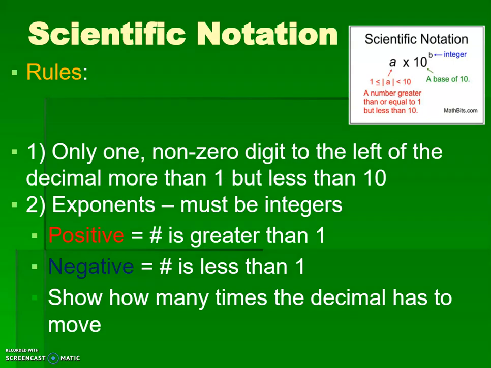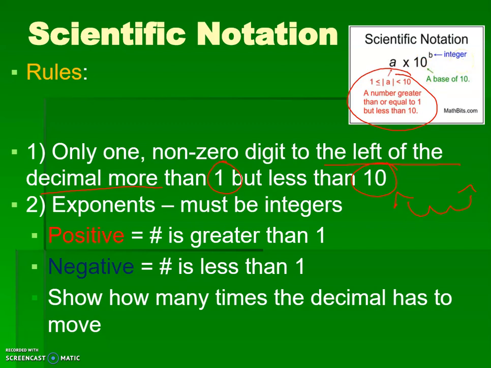All right, so the rules, like we said, you have one non-zero digit to the left of the decimal place. So it's more than 1 but less than 10. So that's where we get this. And then you have the base 10 for how many times you move the decimal place to the left or to the right. And then you have an integer.